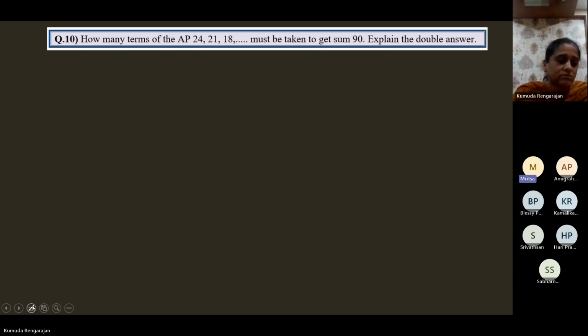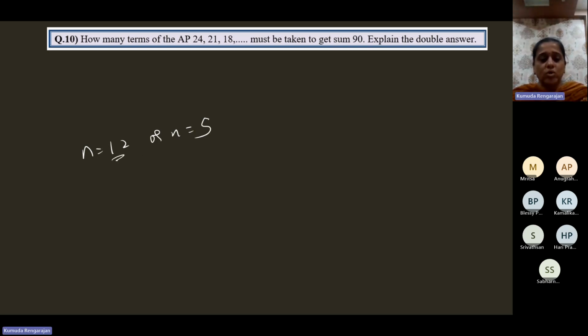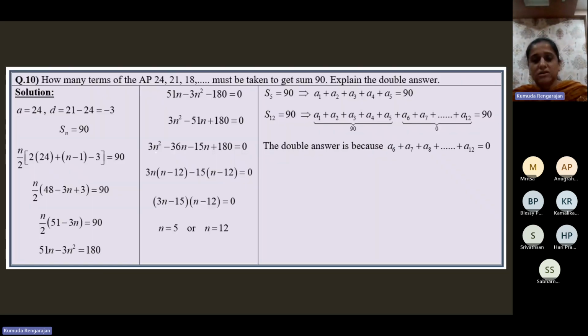Ma'am, n is 12 and 5. N is 12 or n is 5, is it? Okay, now both are acceptable, right? Because n is 5 is possible. You don't have a reason to say n cannot be 5. N is 12. So you cannot reject 12 for any reason. Both 5 and 12 are acceptable.